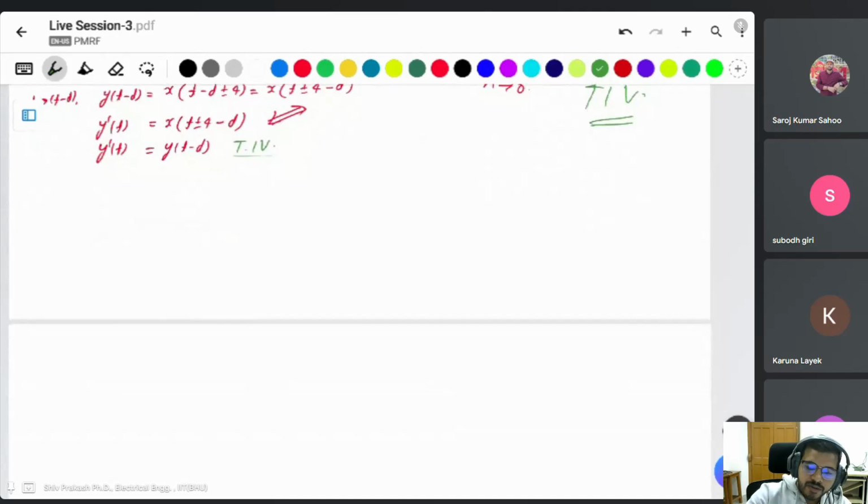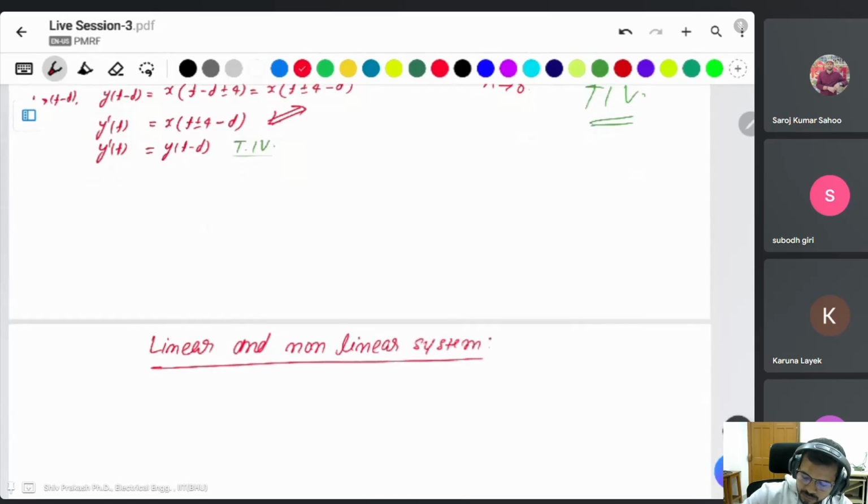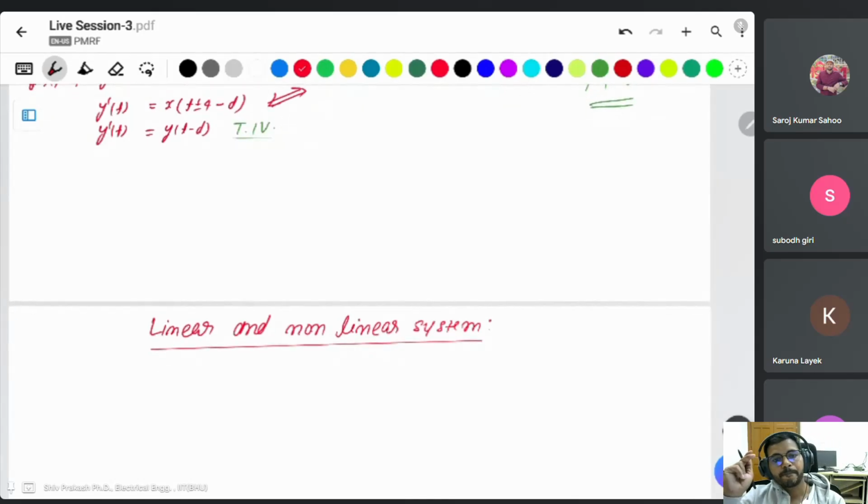Next system is linear and non-linear. A linear and non-linear system is defined by two things.